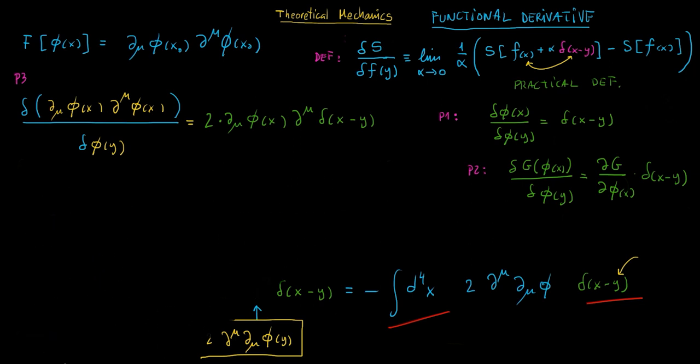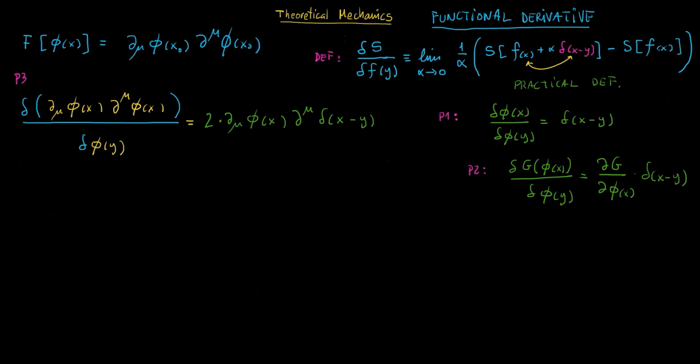But what happens if I have, for example, partial mu of phi, partial mu of psi? I mean, another field or another function, if you want. What is the functional derivative of this with respect to phi? Well, let's do it.